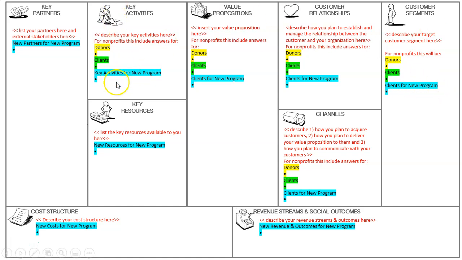So what I would recommend you do, if you wanted to use this for your organization, you create your donor category, your client category, and then you create a category for your new program. And you'd have customer segments, customer relationships, channels, value propositions, key activities, key resources, key partners, cost structure, and revenue streams and social outcomes is the summary.